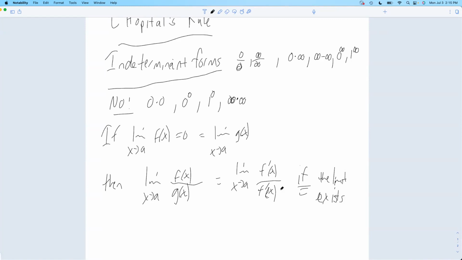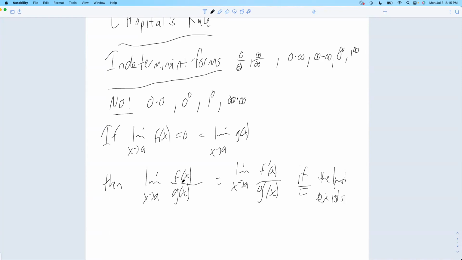L'Hopital's rule says if you're trying to take a limit and you get something of one of these indeterminate forms, you get 0 over 0, then L'Hopital says you can take the derivative of the top and bottom. This is a g prime here. Take the derivative of the top and bottom, and that will preserve the limit if that original limit actually does exist.